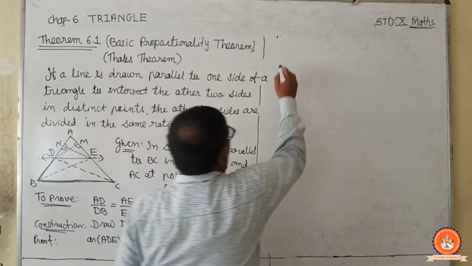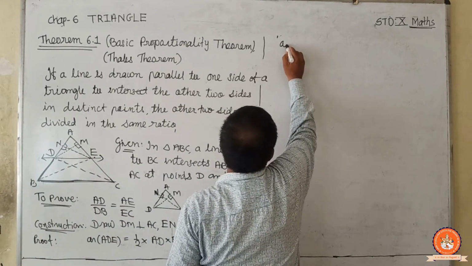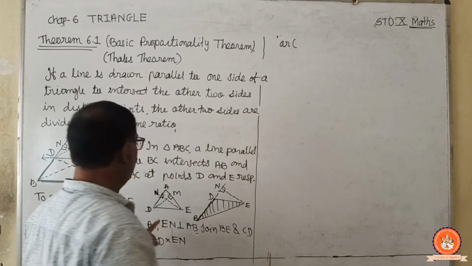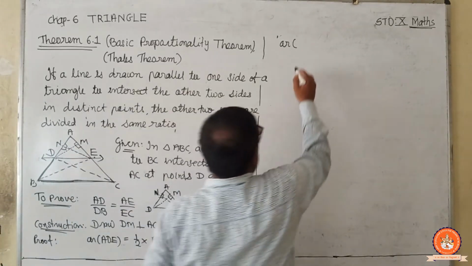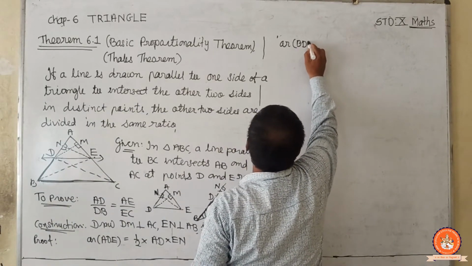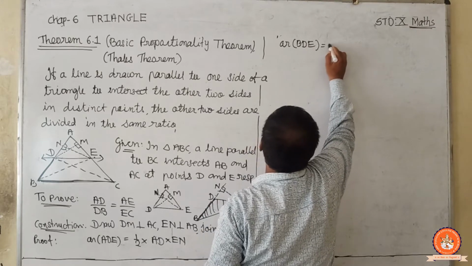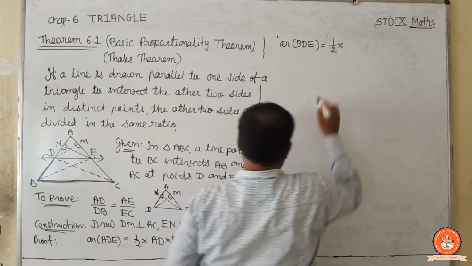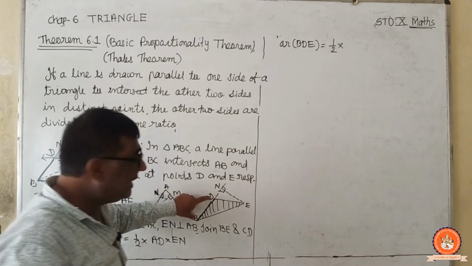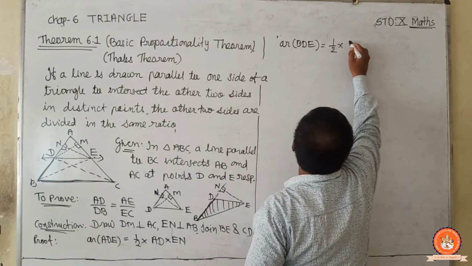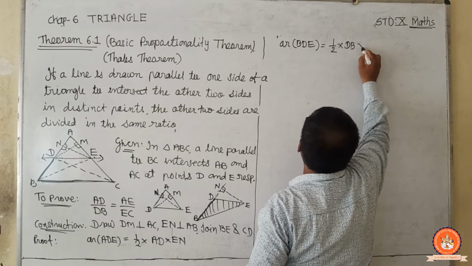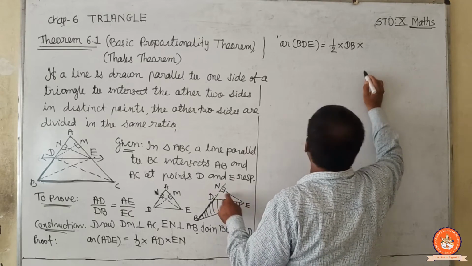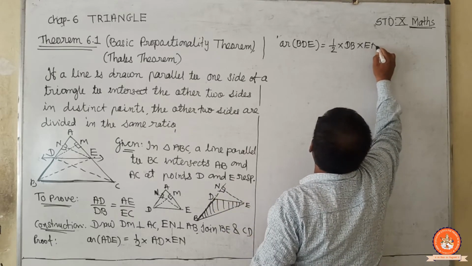So area of BDE can be written as half into side DB, base DB, into altitude EN.